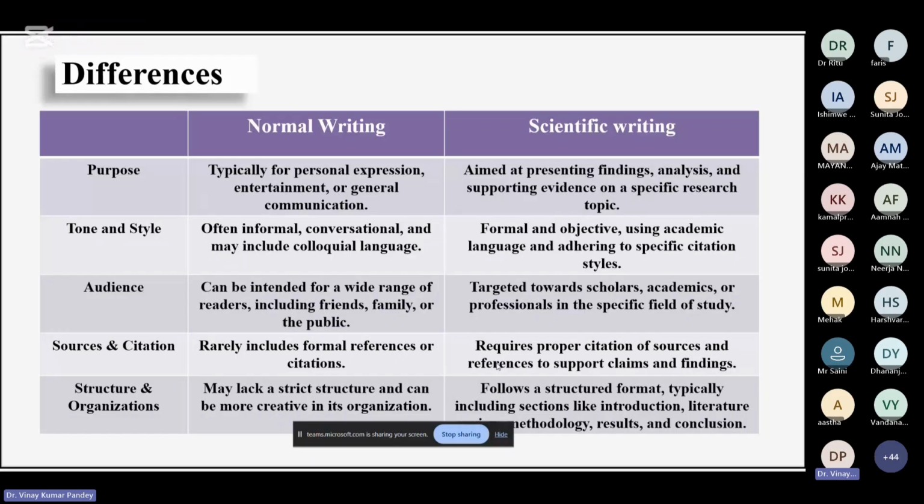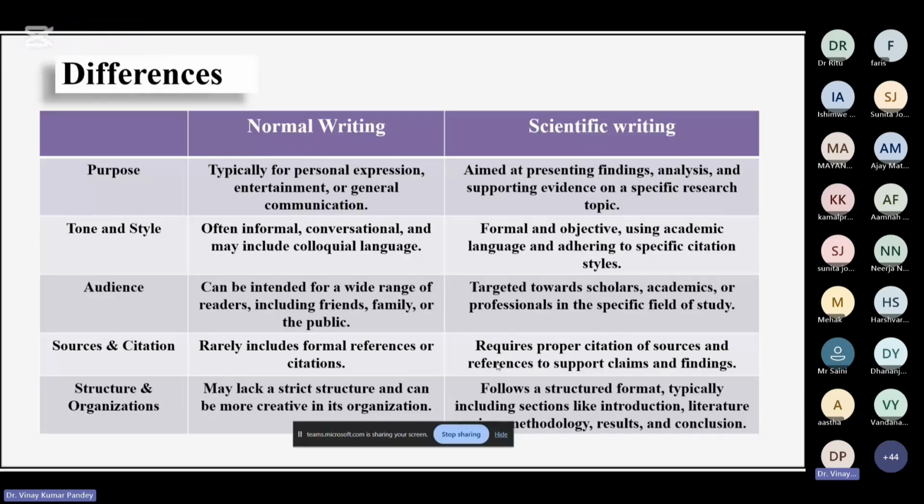While in normal writing, there is general communication, like you are just expressing your views in some language, in some jargon, or in some repeated, redundant sentences. So it creates multiple differences between scientific writing and normal writing.